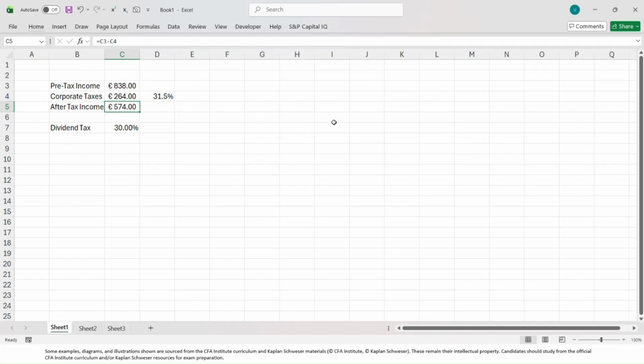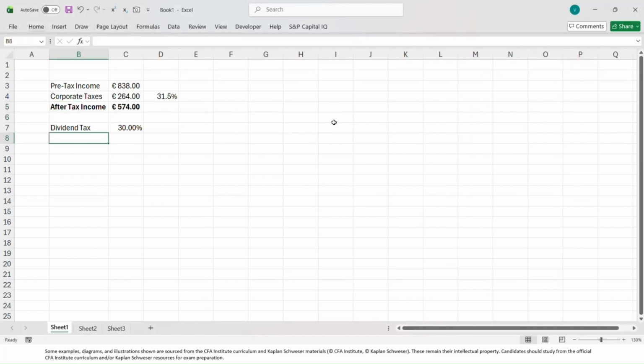And if I'm going to distribute all my after tax income, the tax that I'm going to pay on this is 30%, right? So out of this, I'm going to pay 30% tax of 172.2 million, which means my total taxes are 264 paid here plus 172.2 paid here.